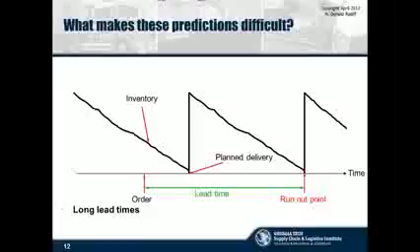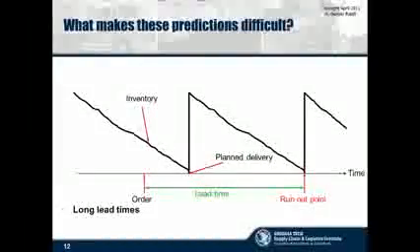So what that says is long lead times intuitively are not a good thing in terms of prediction. So long lead times have two bad things that happen. One thing is I have a lot of product that's out there in transit. But the other problem is that I have to predict further in advance when I'm going to run out of product.